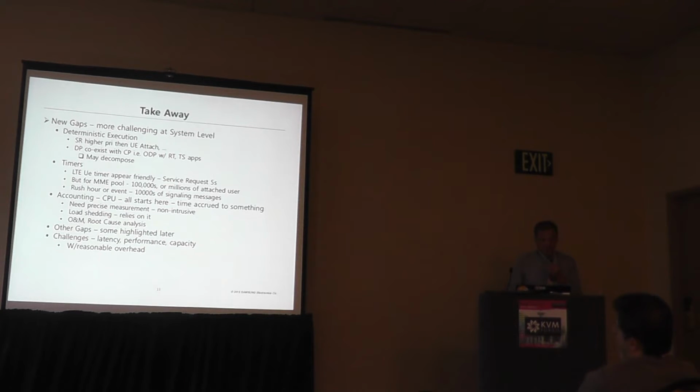A simple example is an eNode B going off to the MME and saying, give me your PDCP context. It doesn't get the PDCP context, so the timer fires and it tries again. So timers, we have to deal with that.